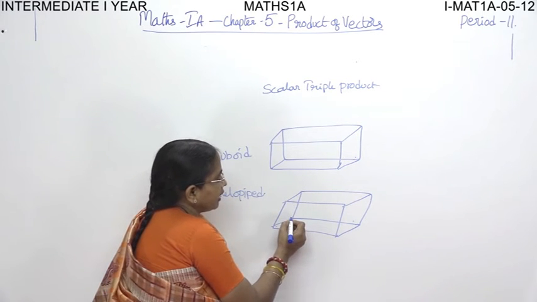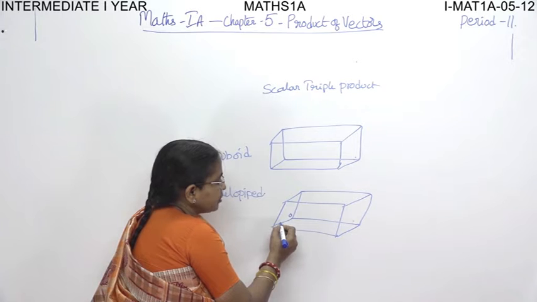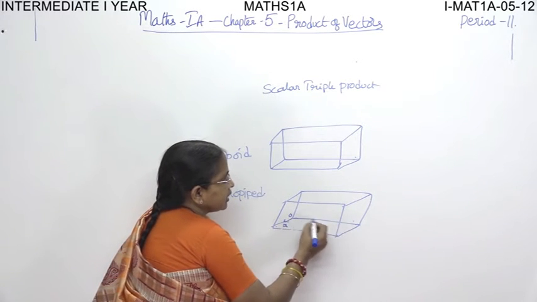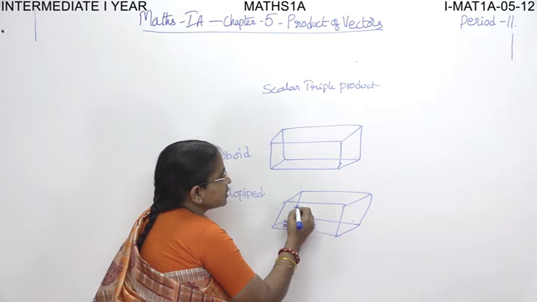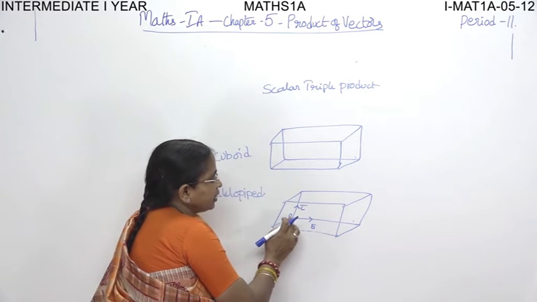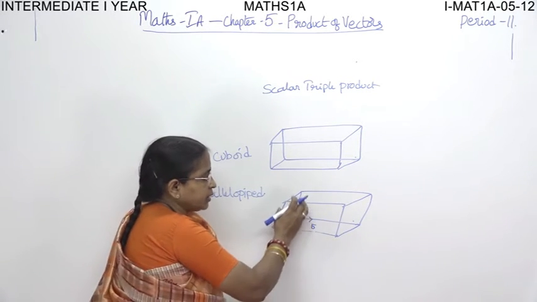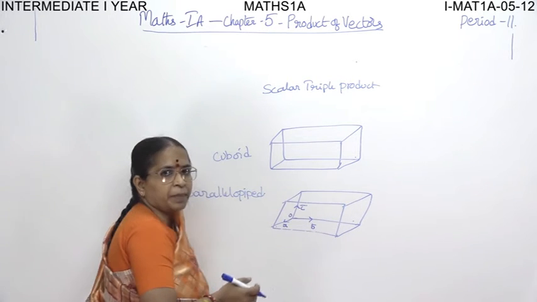Now here we'll take one vertex as origin. Suppose that this side is A and this side is B and this side is C. So A, B, C are the coterminous edges of the parallelepiped.